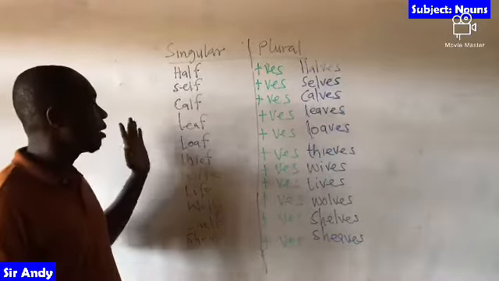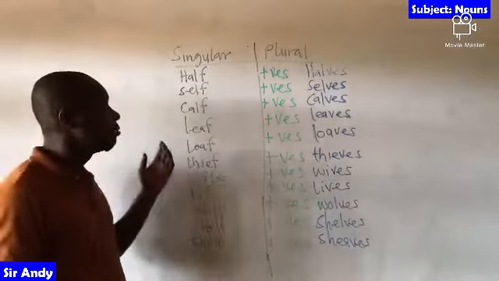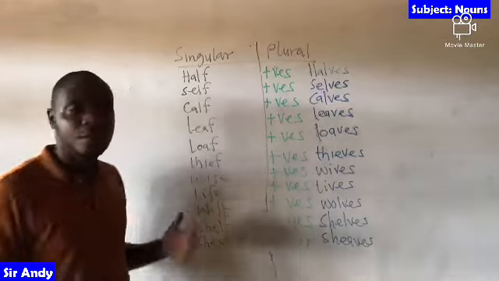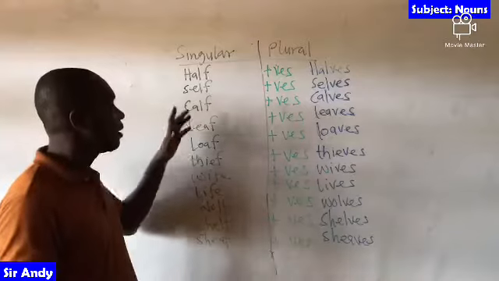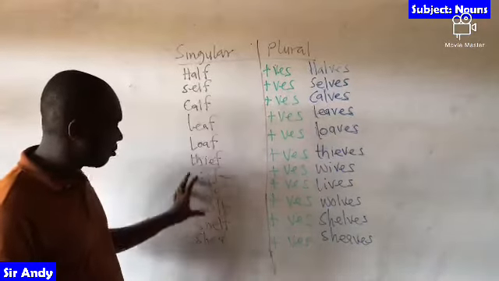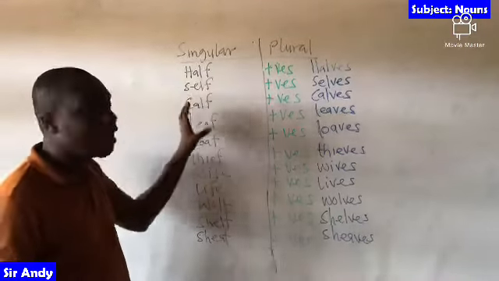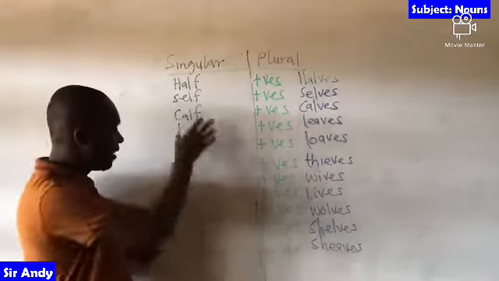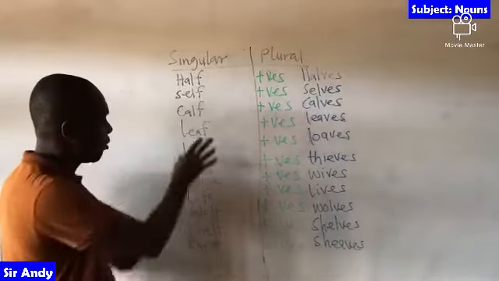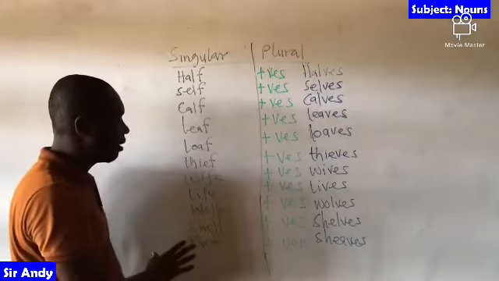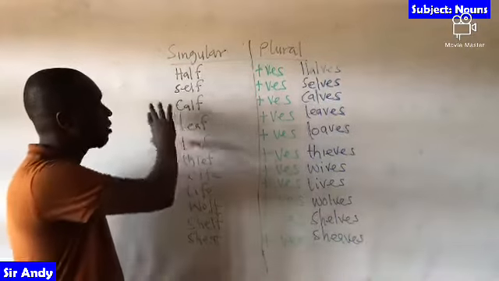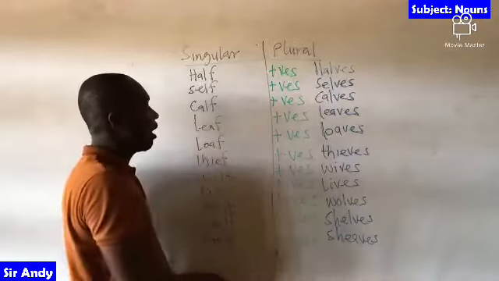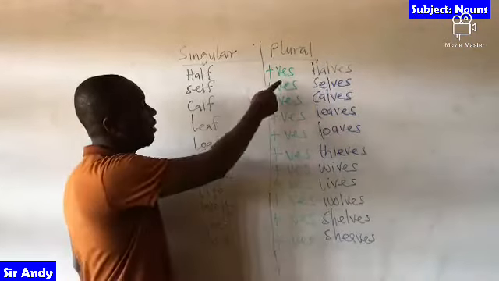This is also another form of how nouns could be changed from their singular forms to their plural forms. Anytime we have nouns that end with F or FE, they change from singular forms to the plural forms by taking away the F or FE and replacing them with VES.